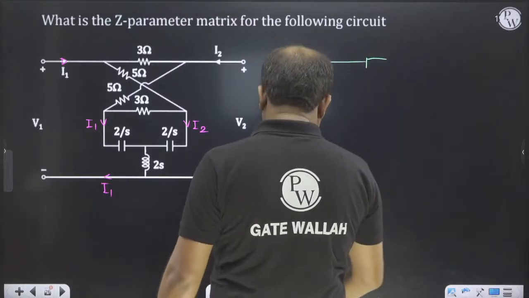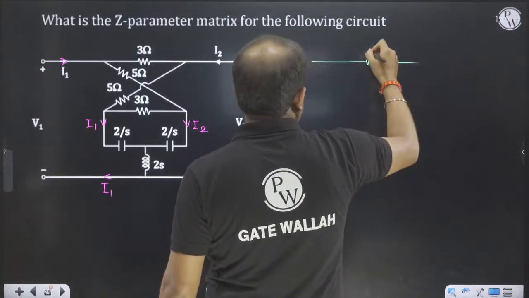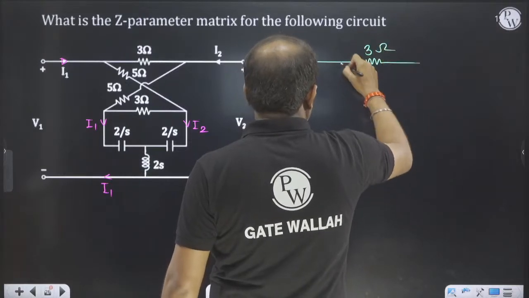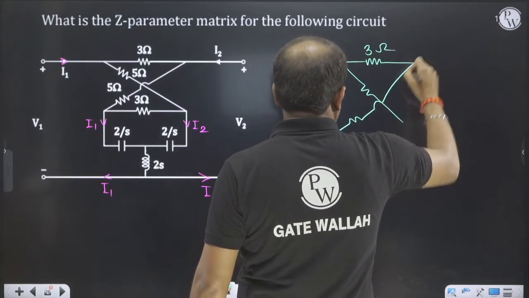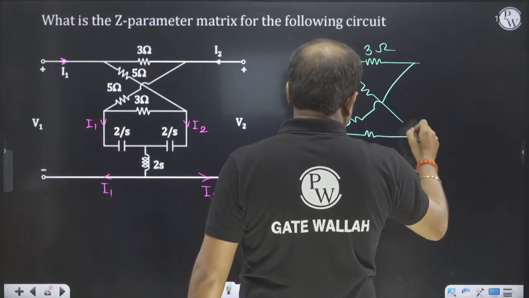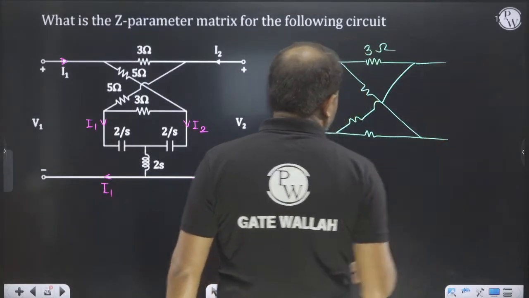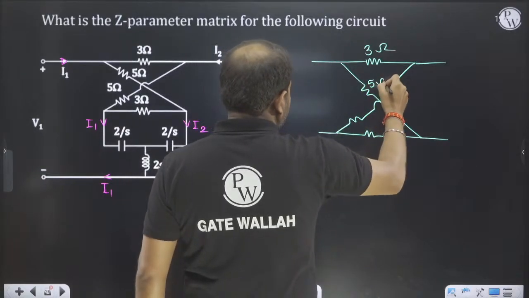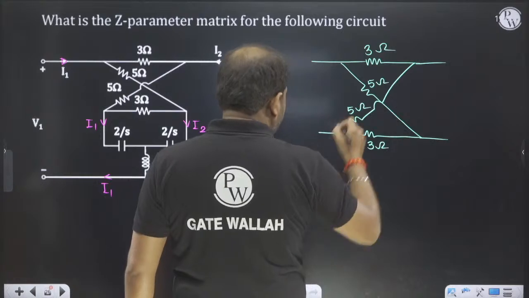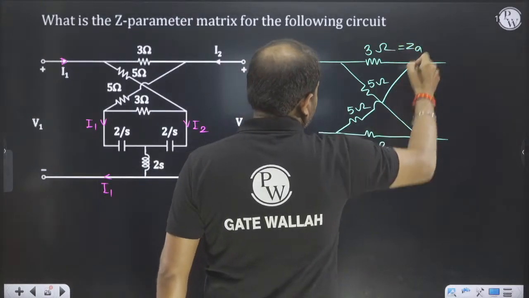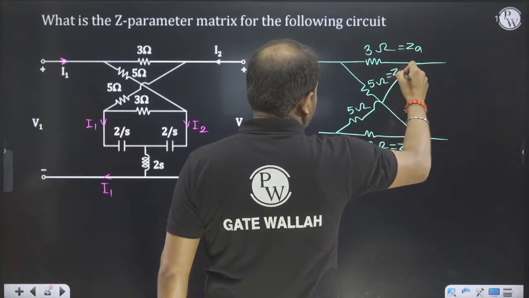Here ZA is equal to 3 ohm, ZB and ZC are equal to 5 ohm, and ZD is equal to 3 ohm. So this is a symmetrical network. This one is ZA, this one is ZD, this one is ZB, and this one is ZC.